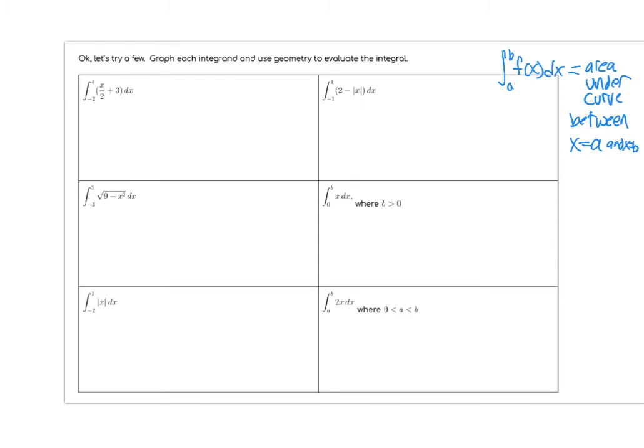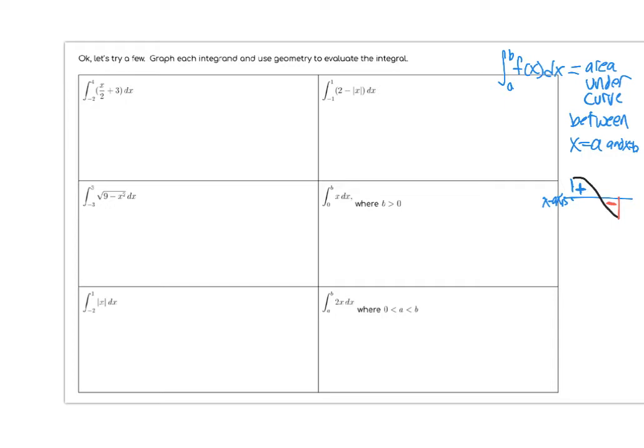We also have to think a little bit about this because we're talking about the area between the curve and the x-axis, and there are times that we are both above and below. Area that is above the x-axis is going to be a positively signed area, and area that's below the x-axis is going to be a negatively signed area. So we have some areas that are positive and some areas that are negative, which is kind of weird.